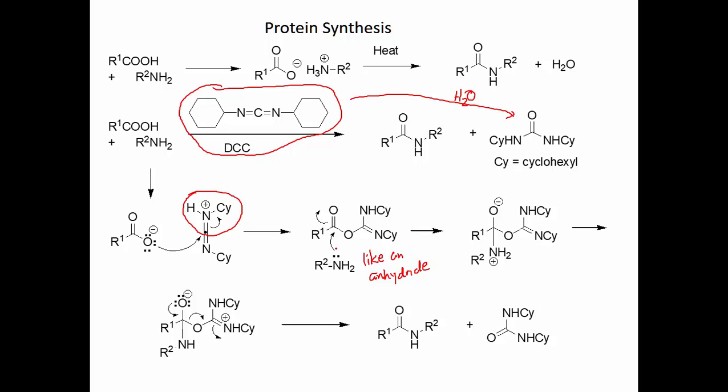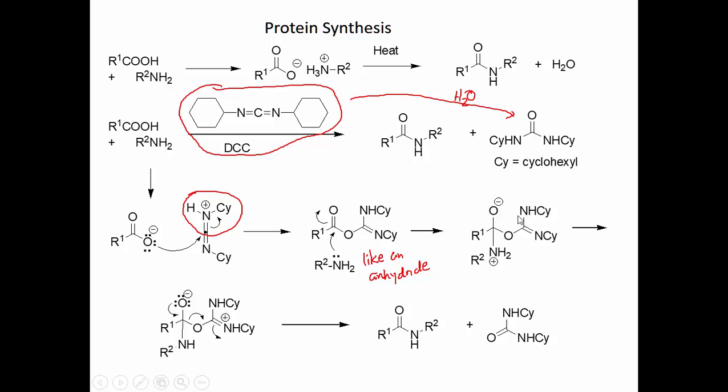It'll now react with the amine just like an anhydride would, by nucleophilic acyl substitution. First, the lone pair is going to add to the carbonyl group, like you see here. It's going to make the tetrahedral intermediate here. The better leaving group is this group over here.